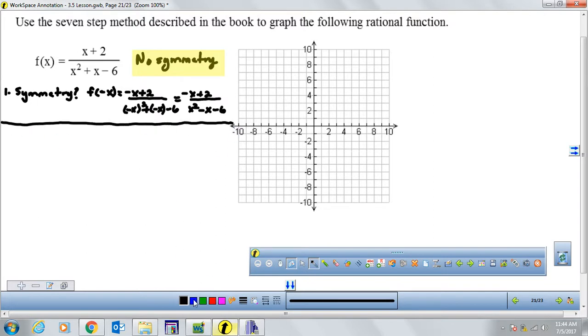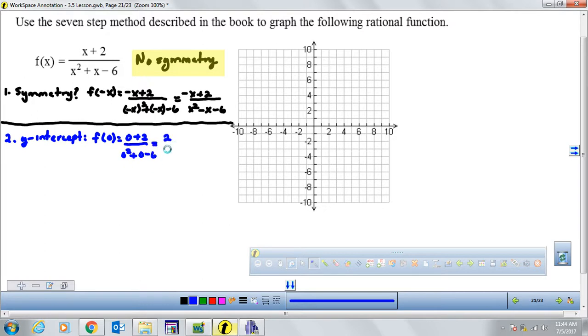Okay. So, number 2. Now we're going to find the y-intercept. To find the y-intercept, we have to set every x equal to 0. So f of 0 equals 0 plus 2 divided by 0 squared plus 0 minus 6. That is going to give you 2 divided by -6, which is -1/3.